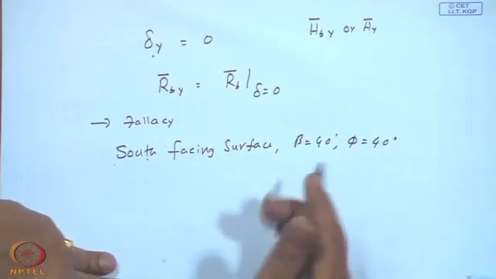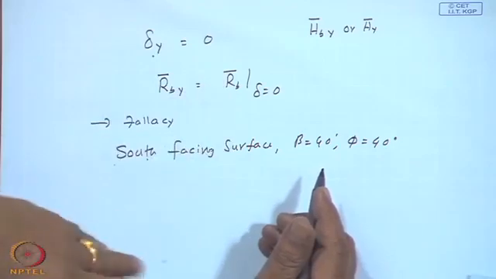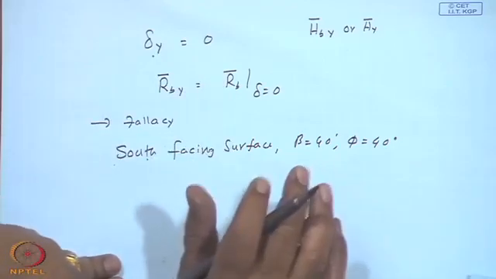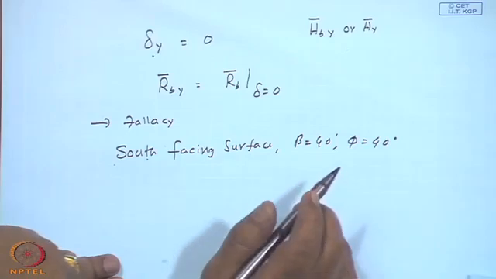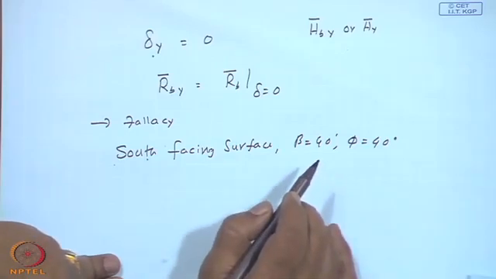I do not want to go beyond 66 or less than 23, but any mid range latitude and the corresponding slope. Can you expect the number of sunshine hours will be more than 12 into 365 or less than 12 into 365 for the tilted surface?